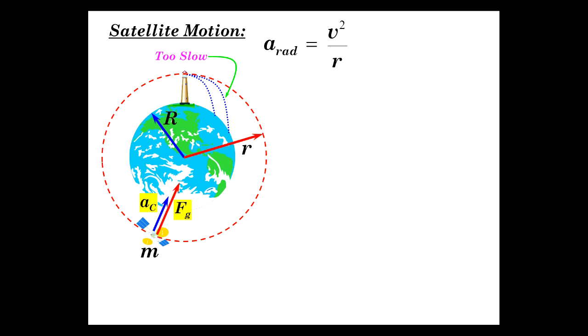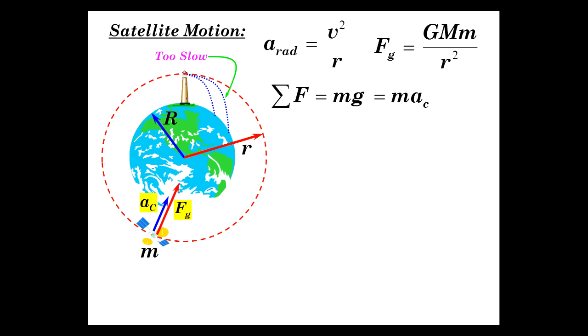We know radial acceleration is v squared over r. What produces that radial acceleration is Fg. We say that Fg, which is GMm over r squared, is the centripetal force providing that radial acceleration. The sum of the forces is the weight of this satellite, the only force acting on the satellite: its mass times the g field it finds itself in.